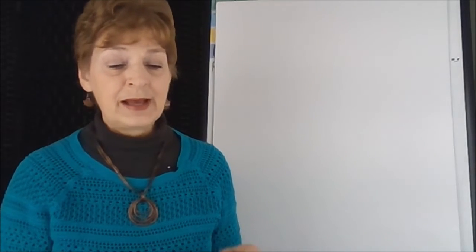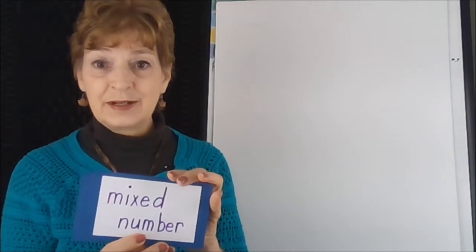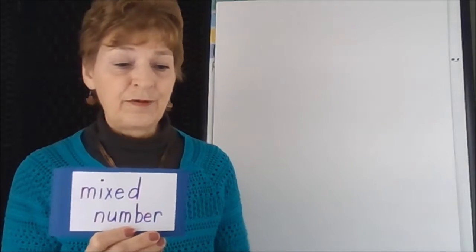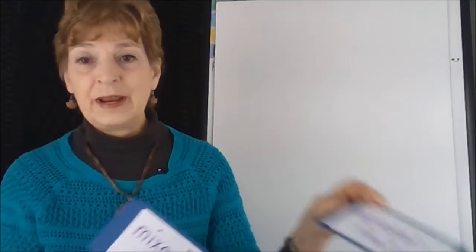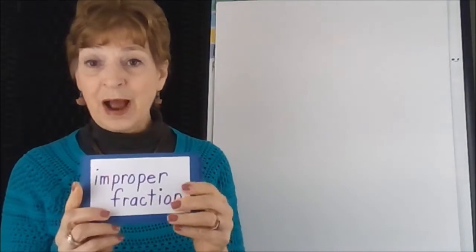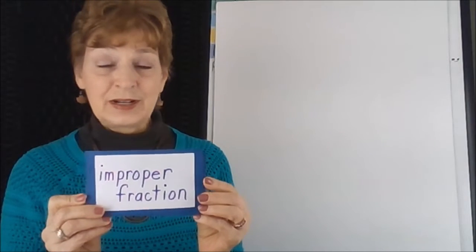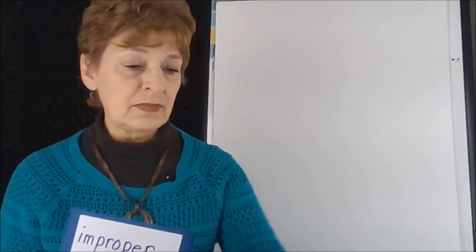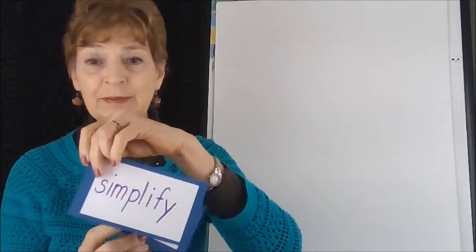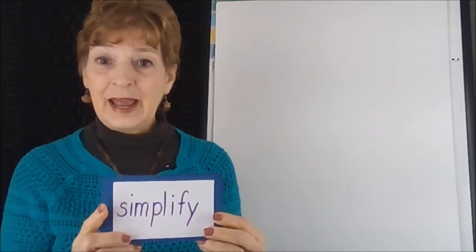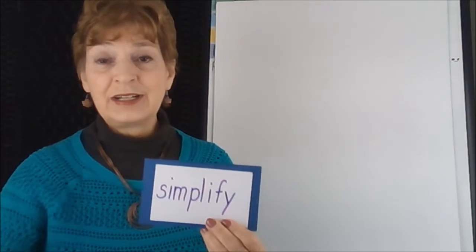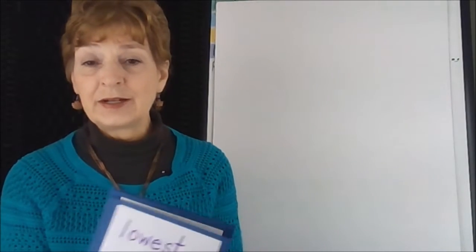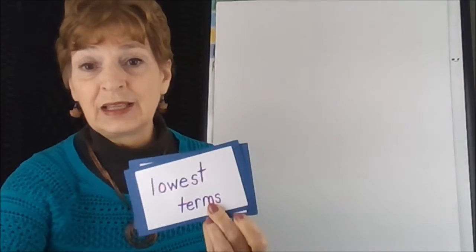We can name them as mixed numbers, where it has a whole number with a fraction. We can name them as improper fractions, where the numerator is larger than the denominator. We've learned how to simplify fractions and put the fraction in the easiest way to understand them, which is in lowest terms.